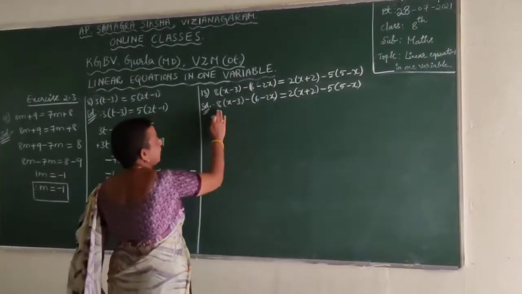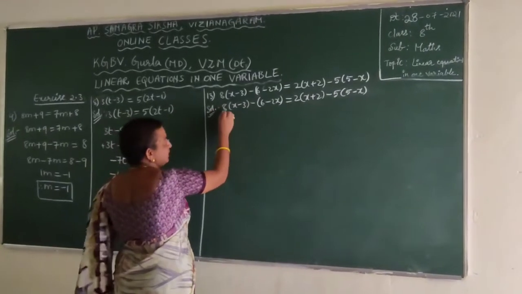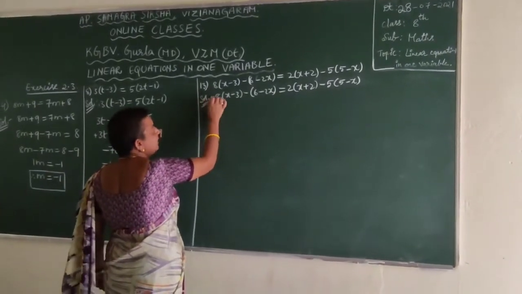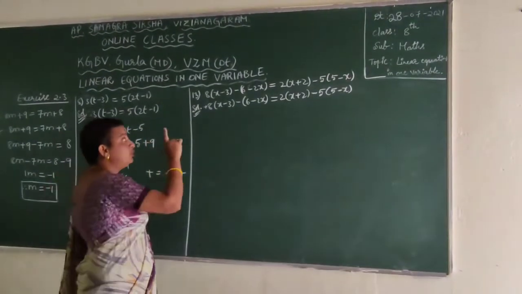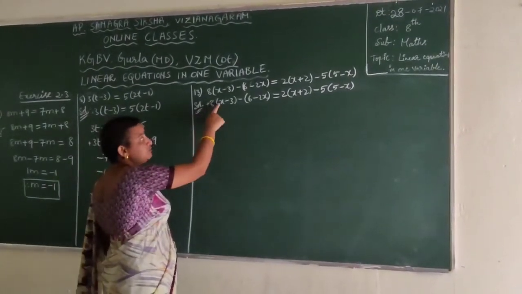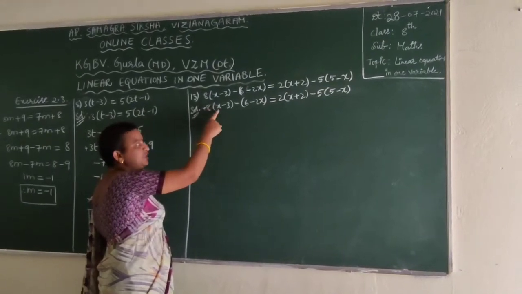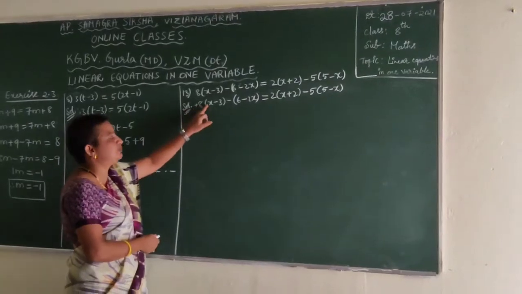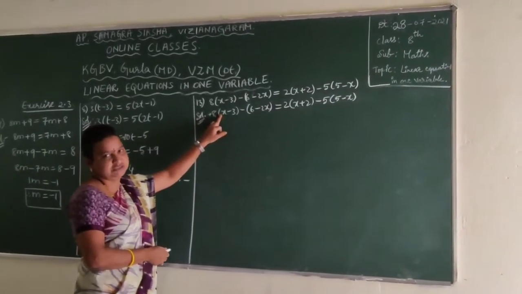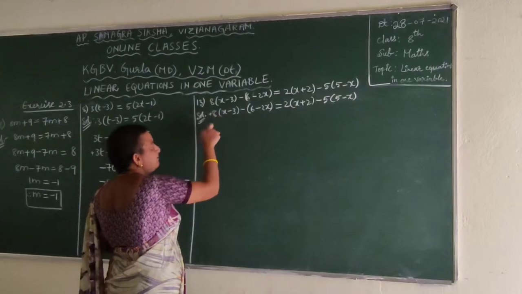Now 8 into (x minus 3), means 8 into, here the sign is plus. Before the multiplication, first you have to multiply the signs before the numbers. Plus into plus, plus.